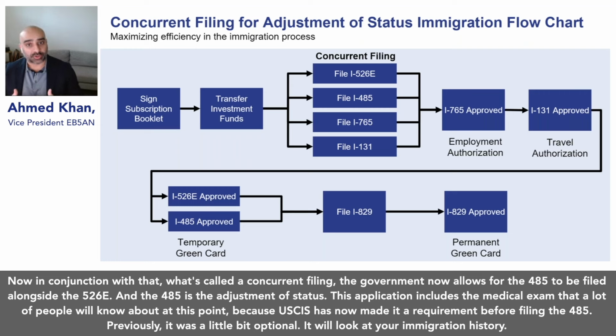Now, in conjunction with that, what's called a concurrent filing, the government now allows for the 485 to be filed alongside the 526E. And the 485 is the adjustment of status. This application includes the medical exam that a lot of people will know about at this point because USCIS has now made it a requirement before filing the 485. Previously, it was a little bit optional. It will look at your immigration history.